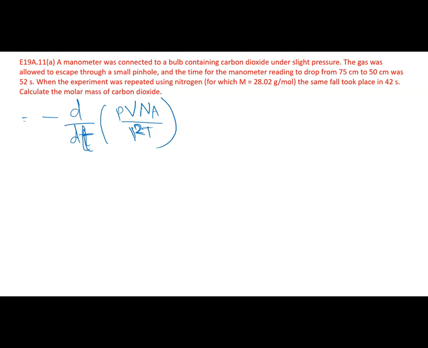In this one, V, NA, R, and T are all constants in our case, so they just come out of the derivative. V NA over RT times dP over dt. So this entire equation is for effusion.